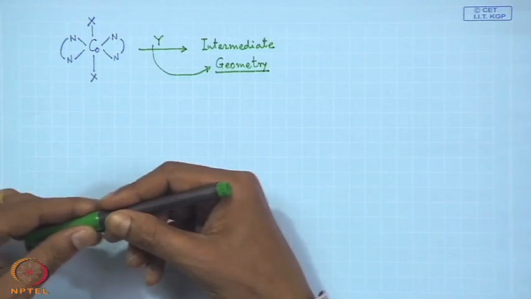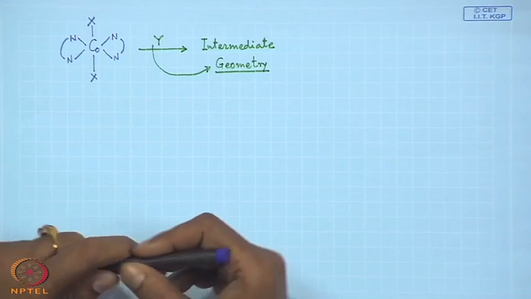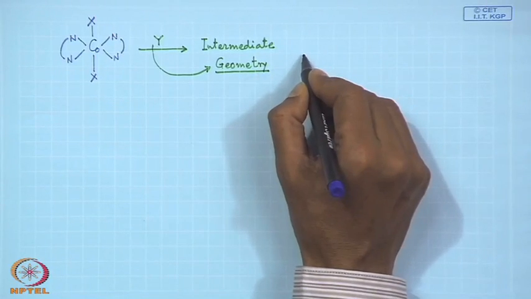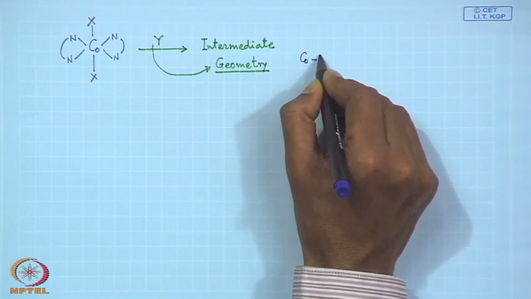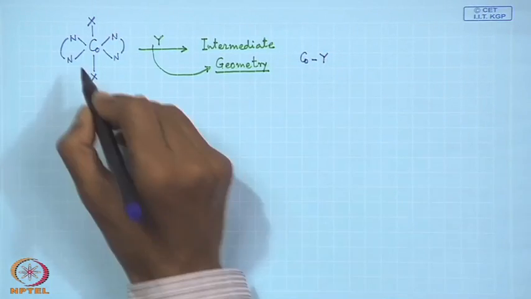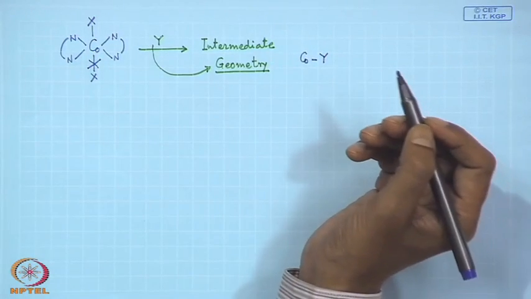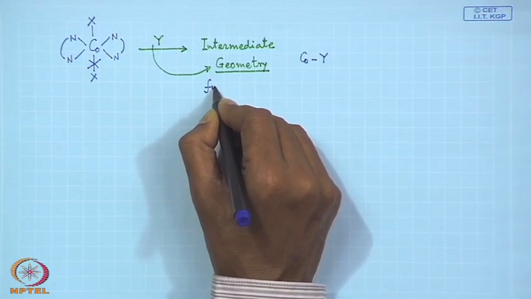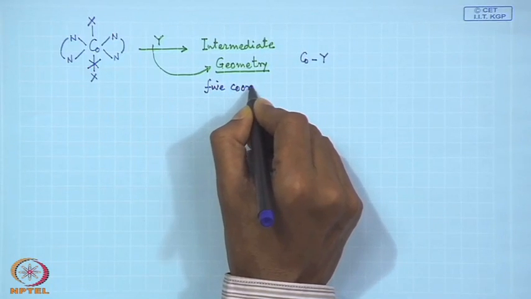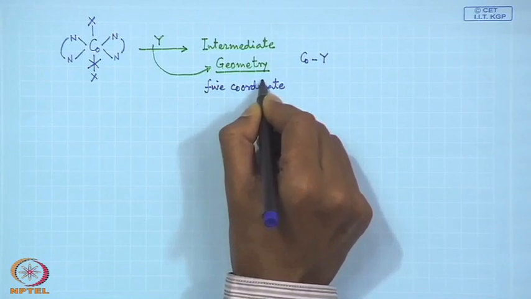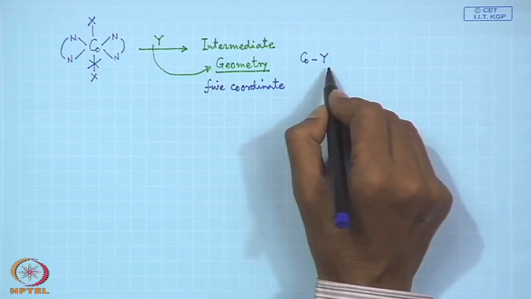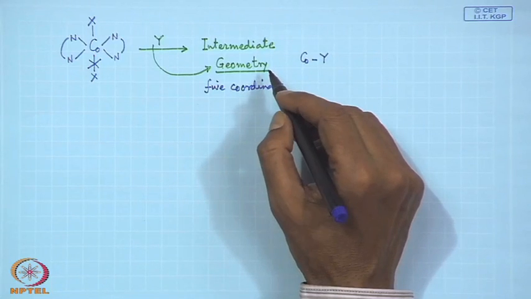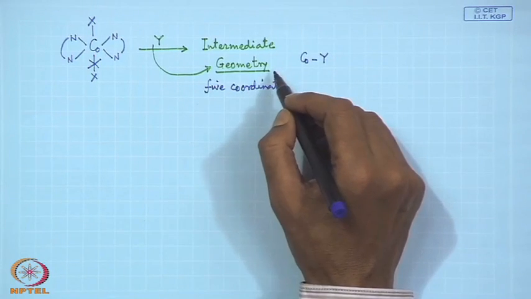If it has more than one position, then depending upon these positions of attack to the cobalt center by y, forming a new cobalt y bond, where we just deleted one of the cobalt x bonds, that means it is again a 5 coordinated one. It is a 5 coordinate intermediate, and the new cobalt y bond will form depending upon the intermediate geometry, and where from the y will enter the corresponding geometry.